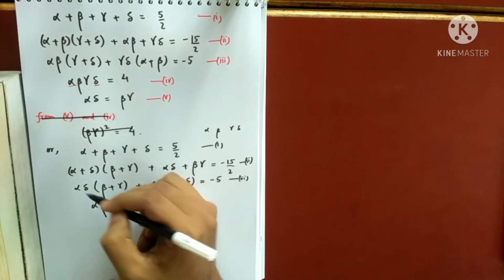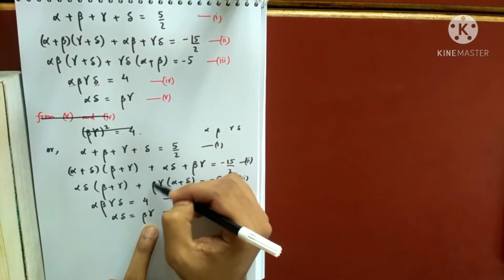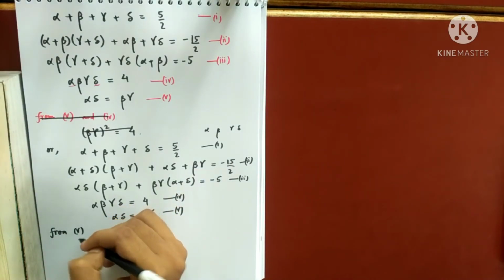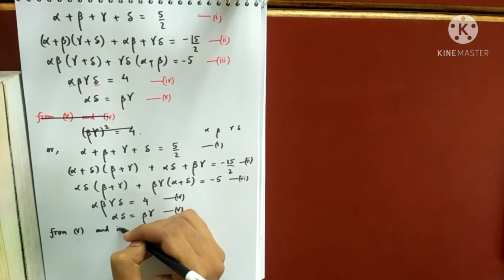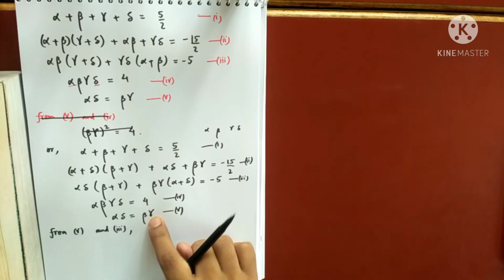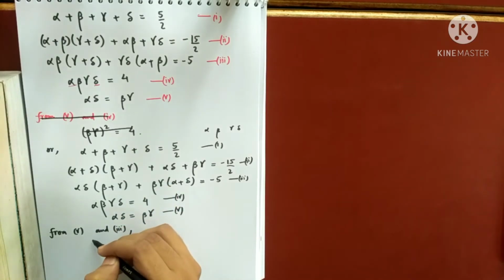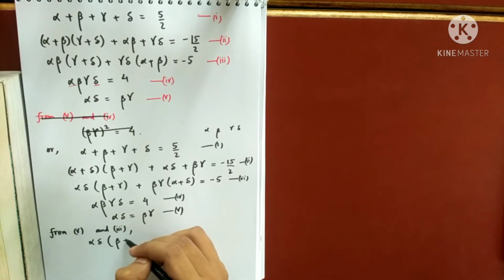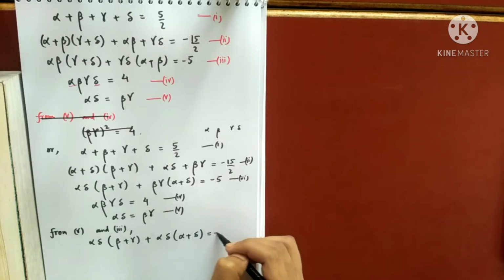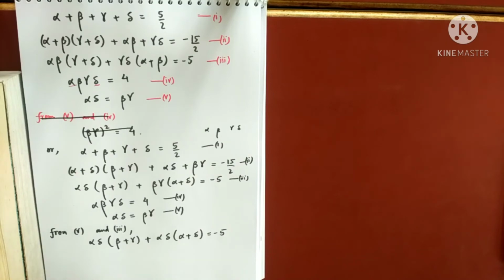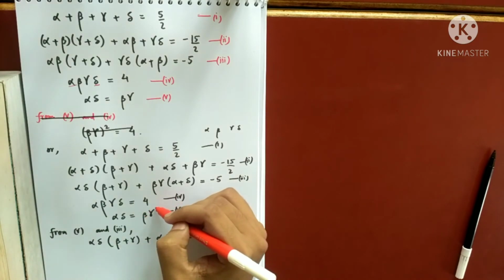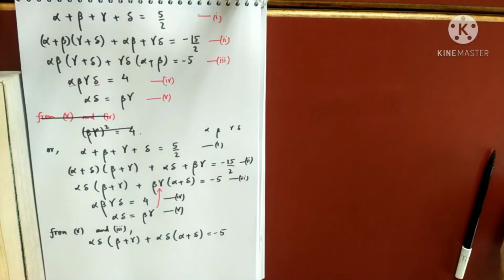So from 5 and 3, what will I get? Alpha delta is the same as beta gamma, so wherever there is beta gamma, I will write alpha delta. So alpha delta with beta plus gamma, and then alpha delta with alpha plus delta. This is minus 5. You got this line? What I have done: instead of beta gamma, I have put here alpha delta.